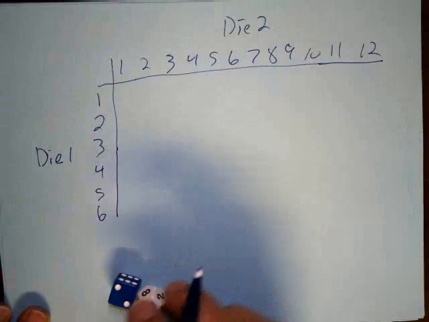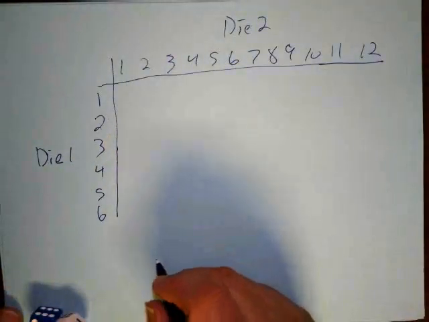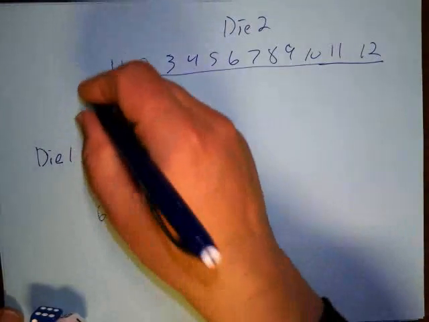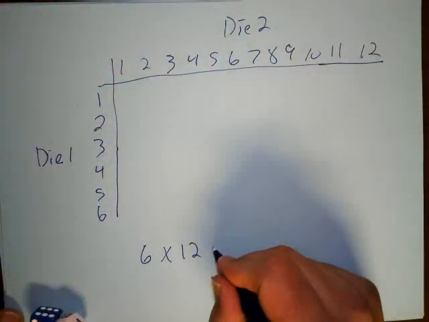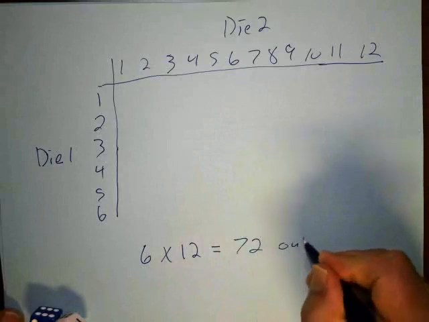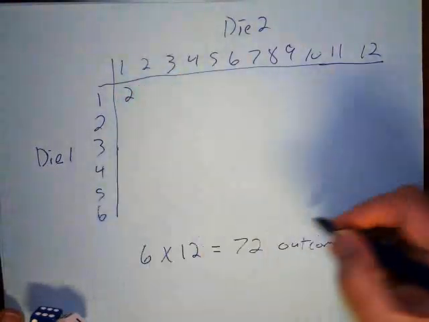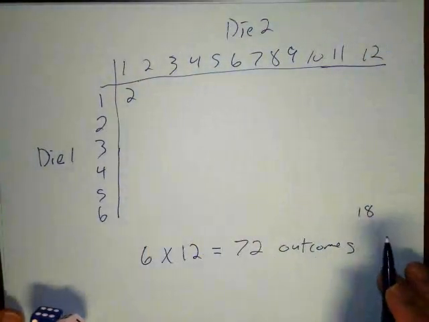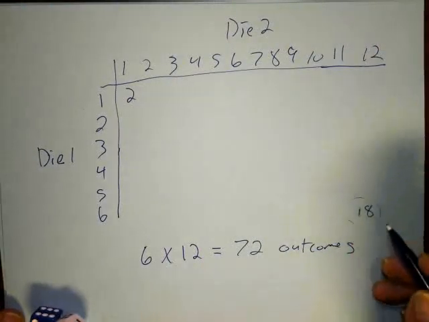And then how many outcomes would you have? Well, you could figure this out. You would have 6 for the 6-sided dice, 12 for the 12-sided dice, and this would be equal to 72 outcomes. Right? And then this would be like snake eyes. The 6 and the 12 down here would be 18, and you'd have all these numbers in between. There would only be one way to roll the 18.